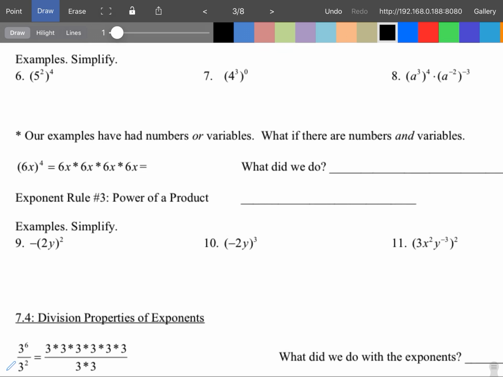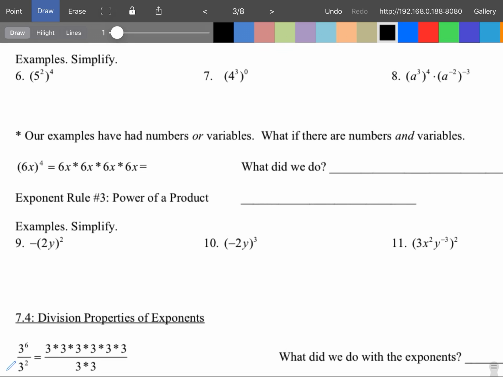It's a power raised to a power, right? I mean, if it was like 3 to the first times 3 to the second, then we would add the powers, okay? But since it's a power raised to a power, we multiply them. So we're going to multiply these powers, these powers, and these exponents right here.